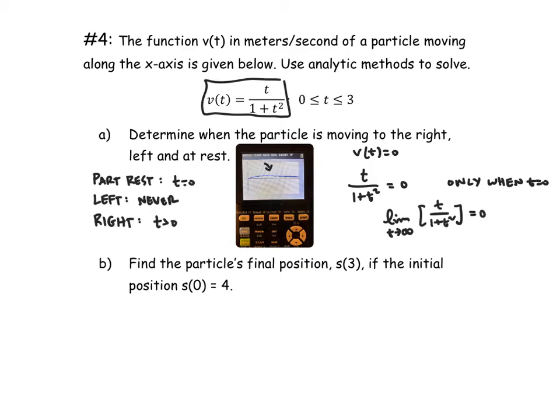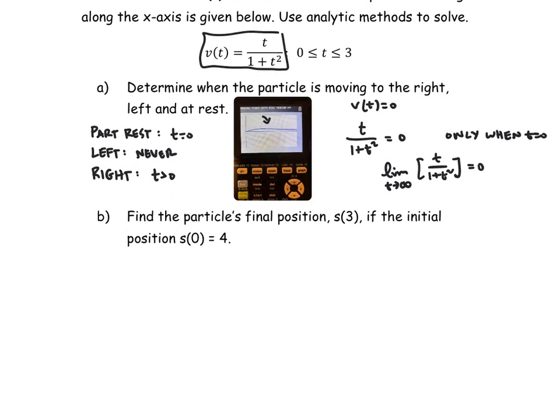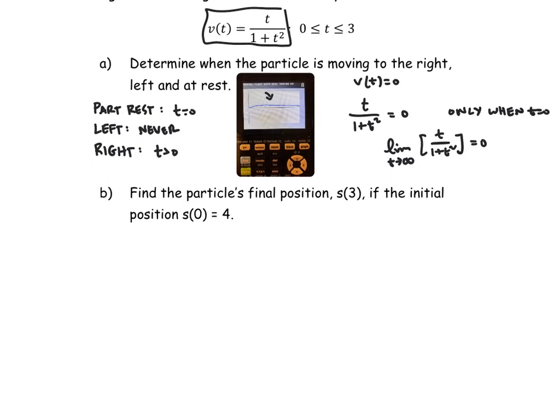Okay, so we want to find the particle's final position, s of 3, if the initial position is 4. Okay, so what I want to do to find the position s of 3 is I want to take the integral from 0 to 3 of v of t. Okay, that'll equal s of 3 minus s of 0.